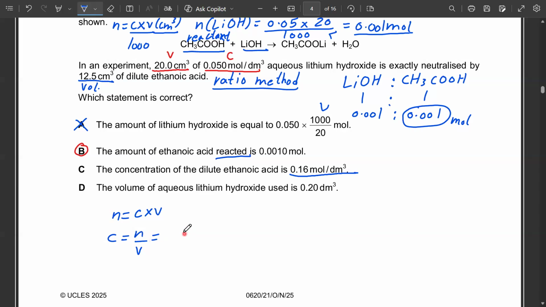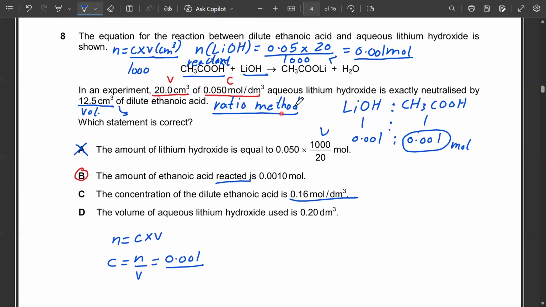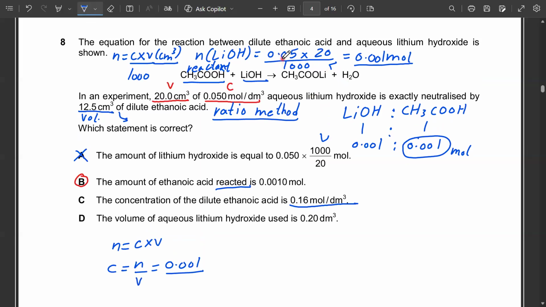Now put the values. The number of moles of the ethanoic acid is 0.001 divided by volume. Here the volume is given in cm³. I need to convert into dm³ because I am using the mole that was calculated from the dm³ of the lithium hydroxide.